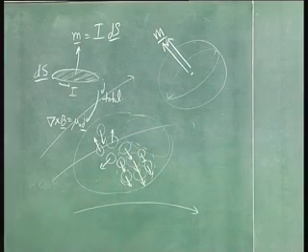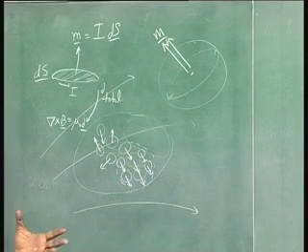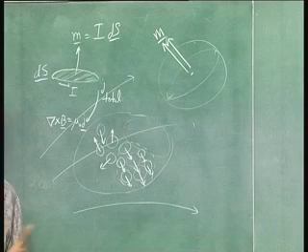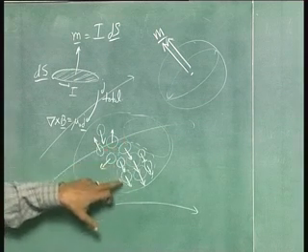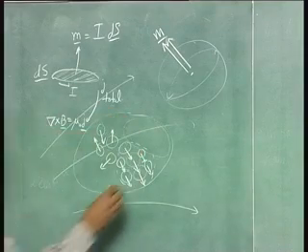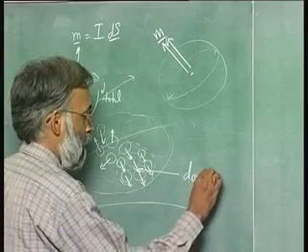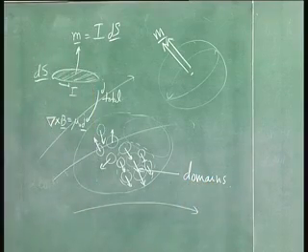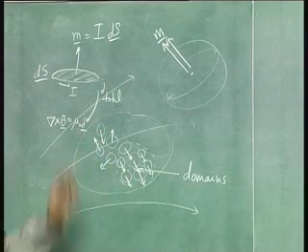Such materials tend to have different areas inside them, quite small, maybe sub-millimeter in size, where things are aligned up, and these are called domains. Once again, different domains point in random directions.